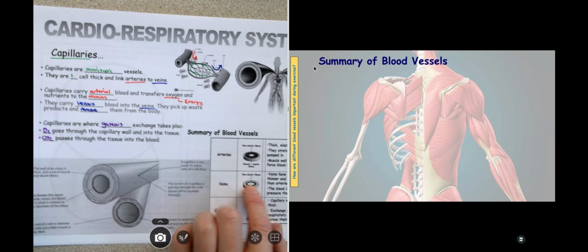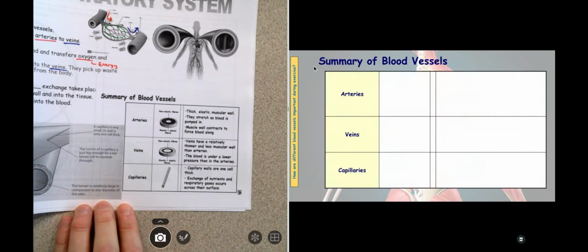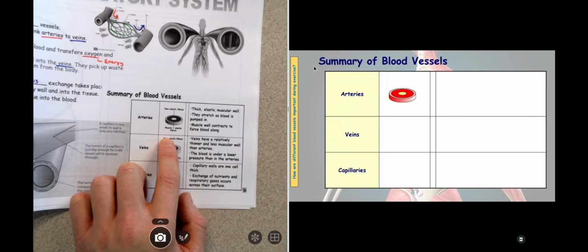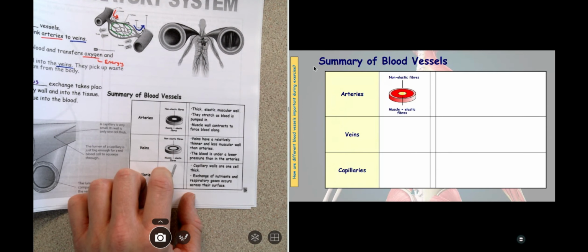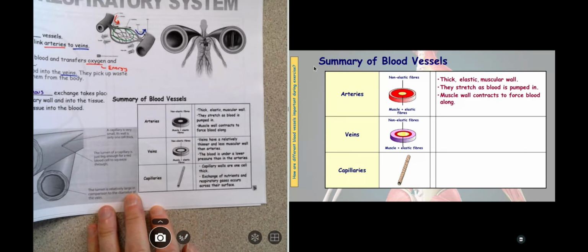So summary of blood vessels, you've got this slide sort of been outlined on the bottom of this page here. So arteries, you've got a little cross section with a couple of key characteristics. So the non-elastic fibres, the muscle and elastic fibres, you've got your veins and your capillaries, and you've got a couple of bullet points about each one.